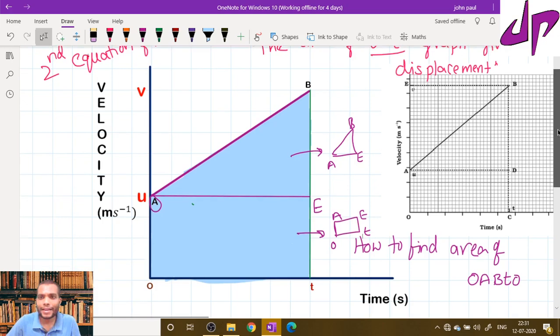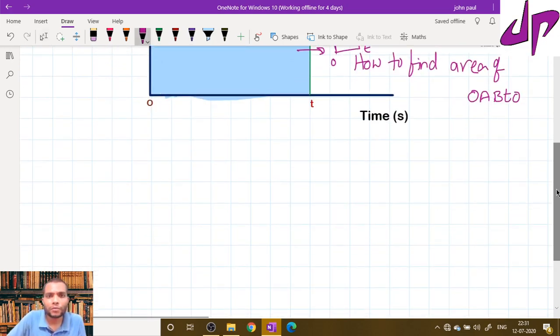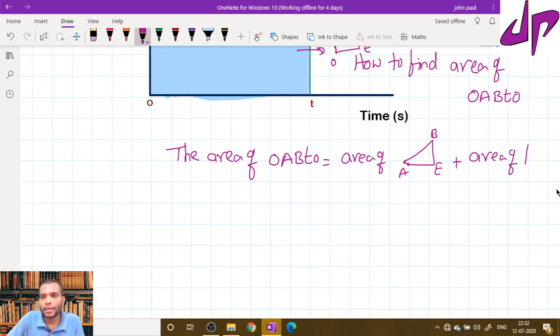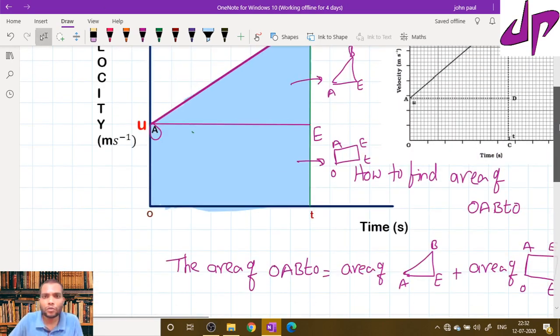So the area of OABTO, a trapezium or quadrilateral, whatever you call it, equals the area of the right triangle ABE plus the area of the rectangle OAET. So the big shape is now converted into two small shapes.